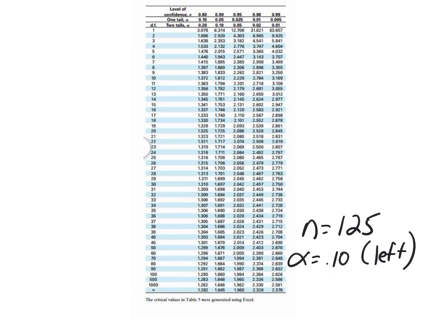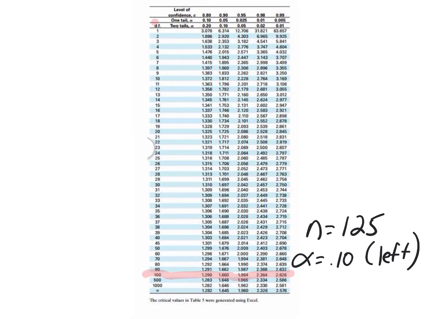So if n is 125, which again doesn't exist, go to the closest lower df, which would be 100. We're looking at alpha to the left, so we would read one tail, and it's 10%.